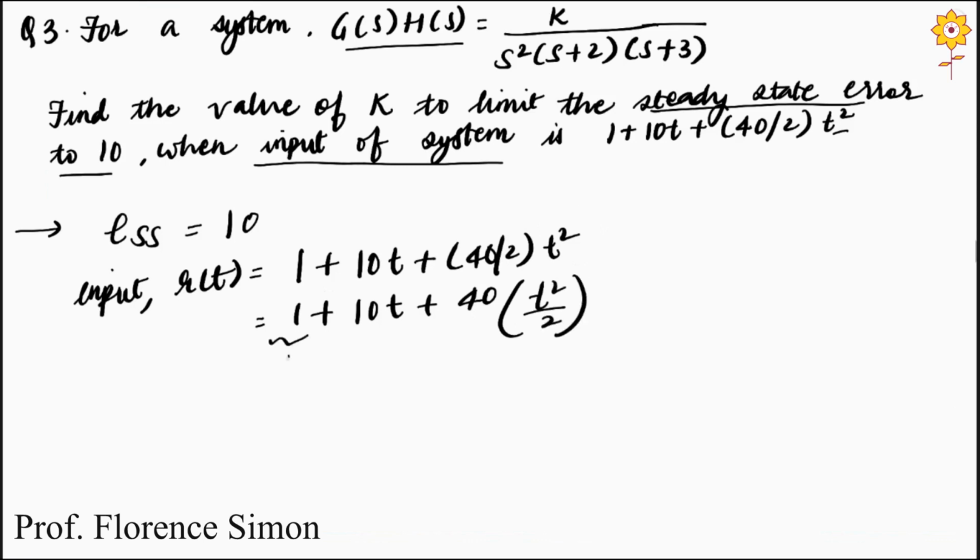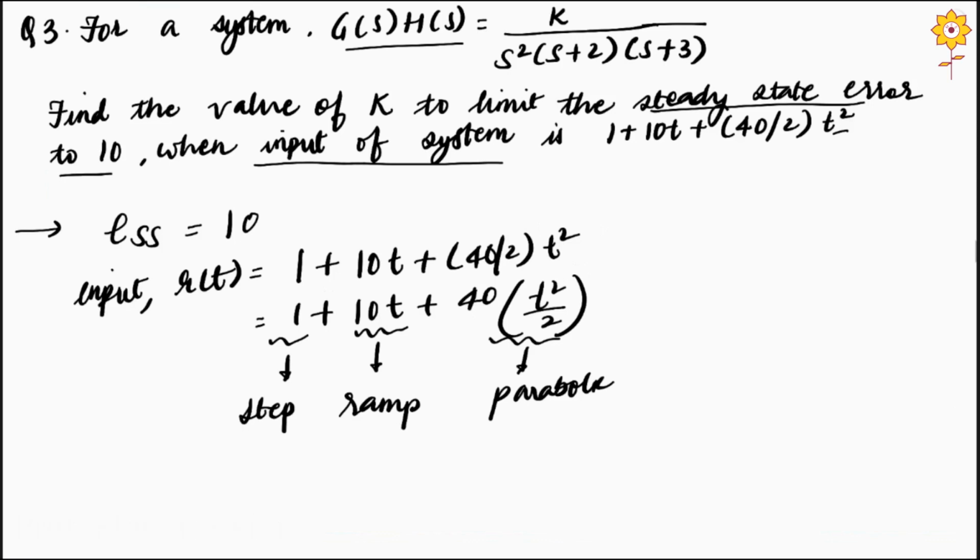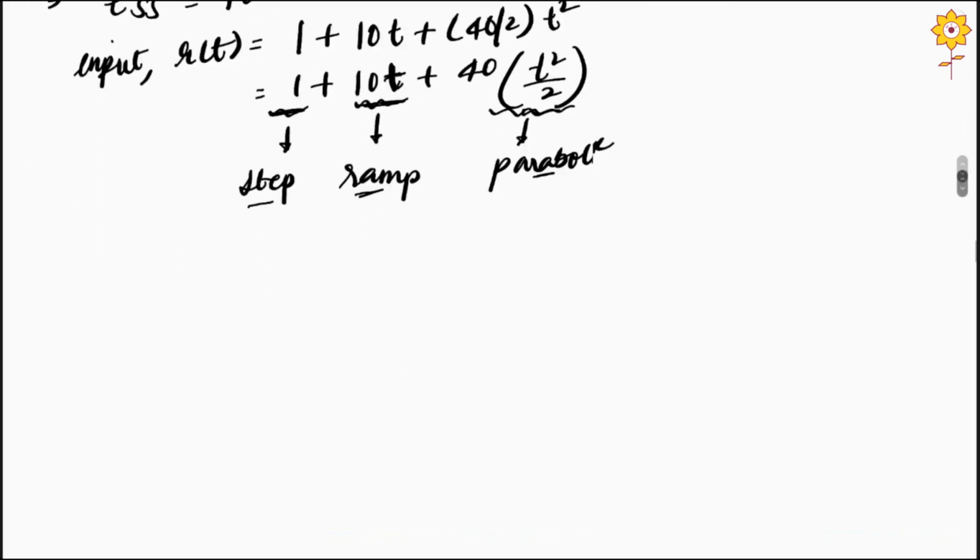So, the first term indicates step input, this indicates ramp input, and this indicates parabolic input, correct. So, the term which is just a digit will indicate step input, the term with t will indicate ramp input, and the term with t square by 2 will indicate parabolic input. Okay, just keep that in mind for easy understanding.